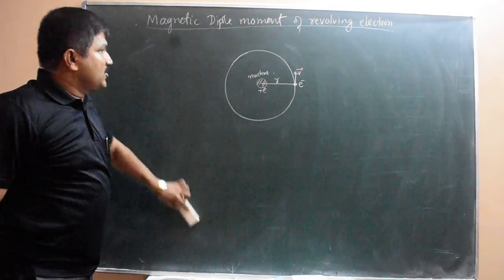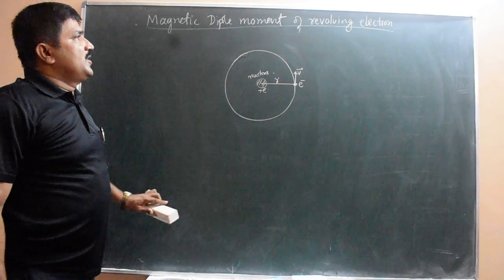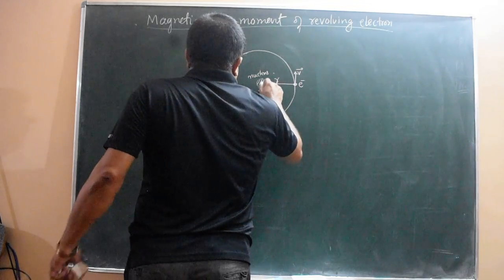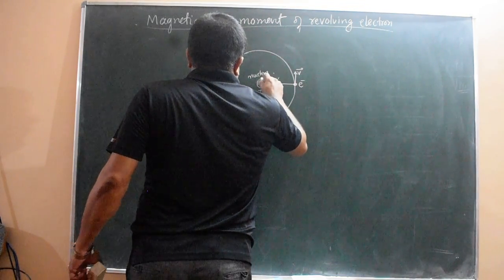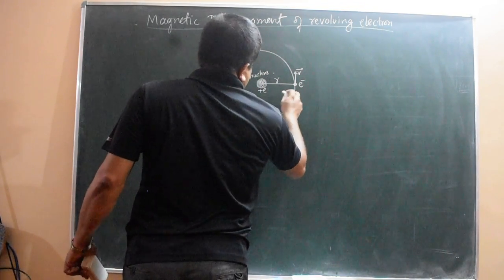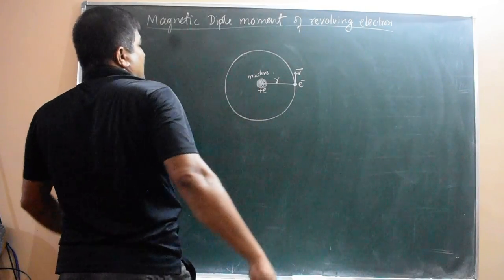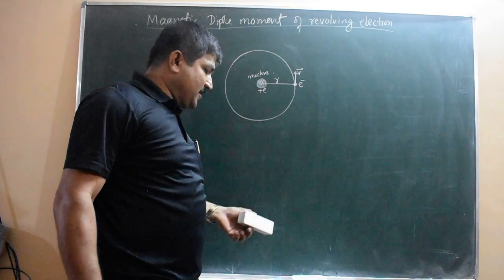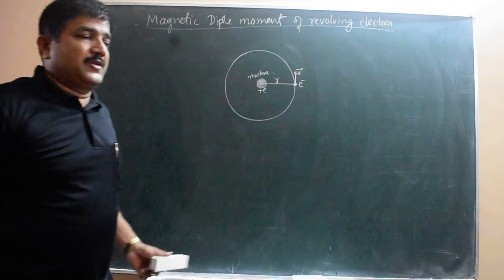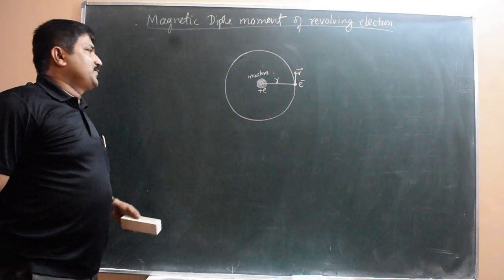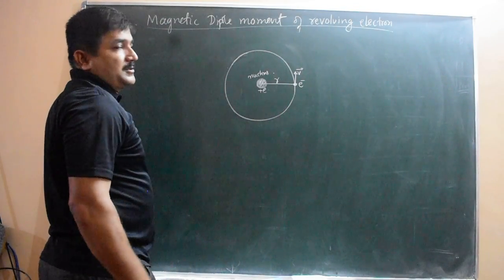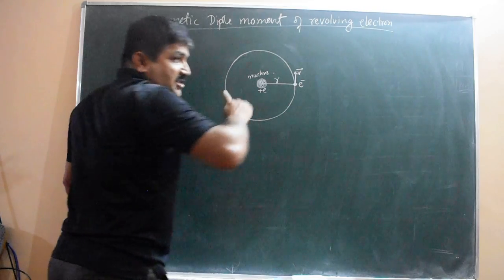Now what we have to do is find the dipole moment of this revolving electron. So there are two charges. The electrons are revolving around the nucleus because the centripetal force is provided by the electrostatic force given by Coulomb's law. Whenever the electron is revolving in a circular path, it is carrying a charge.